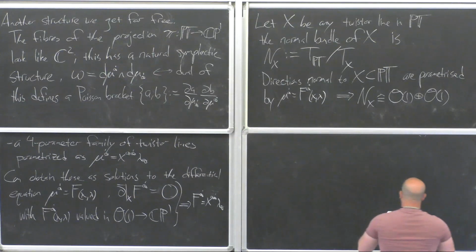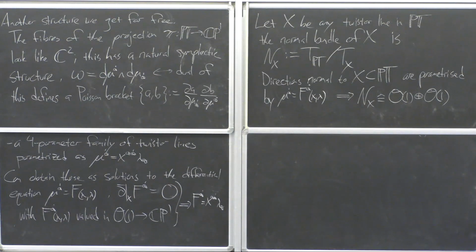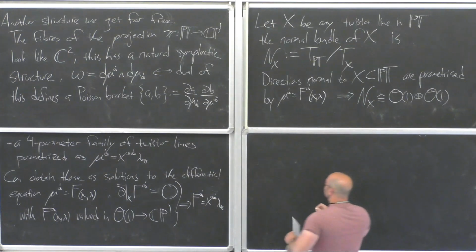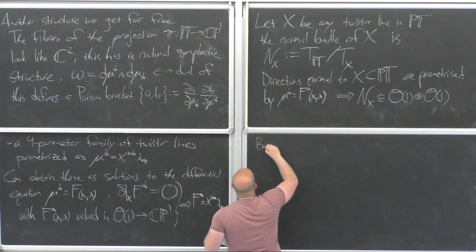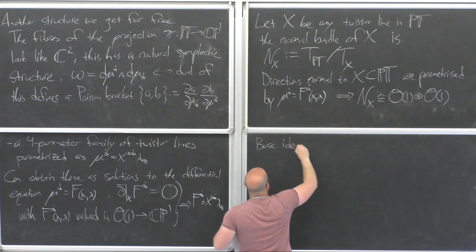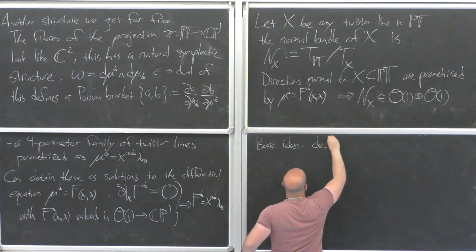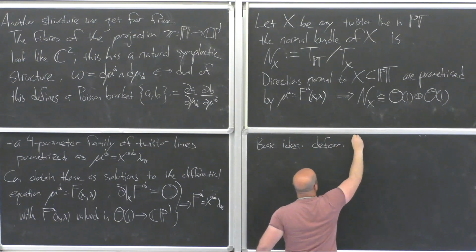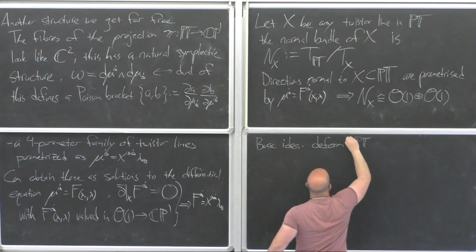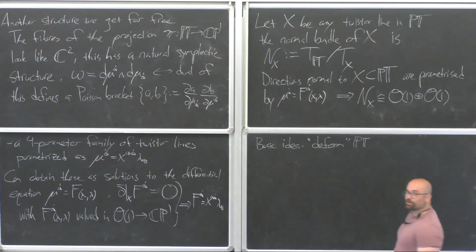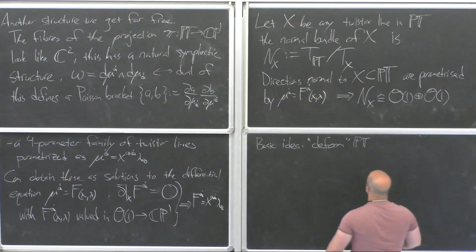So, okay, now what we're going to try to do is imagine deforming twistor space in some way where we preserve as many of these natural structures as possible. That's the basic idea. I'll put the word deform in quotes for now, because I've not been precise about what it is.